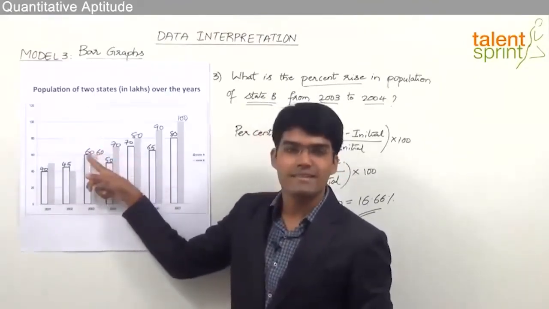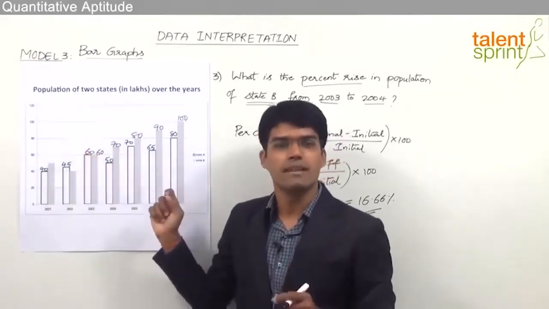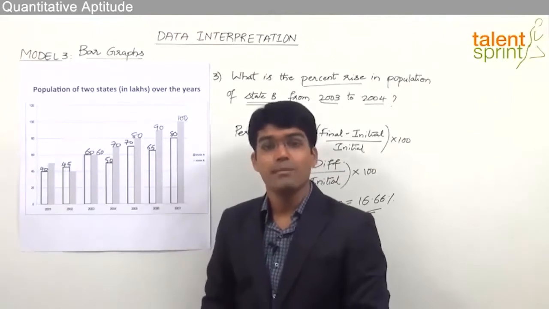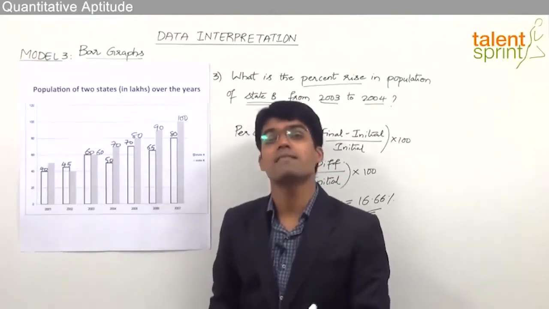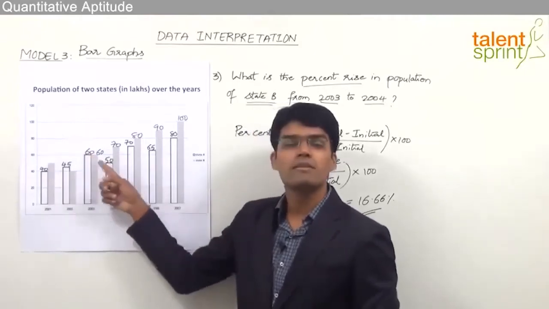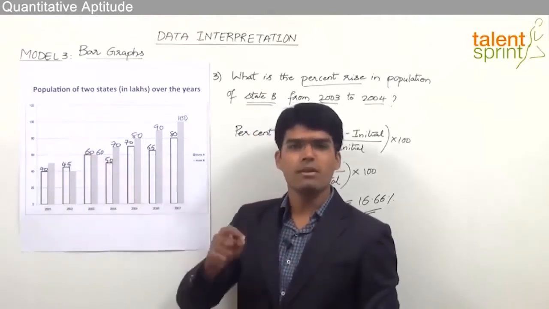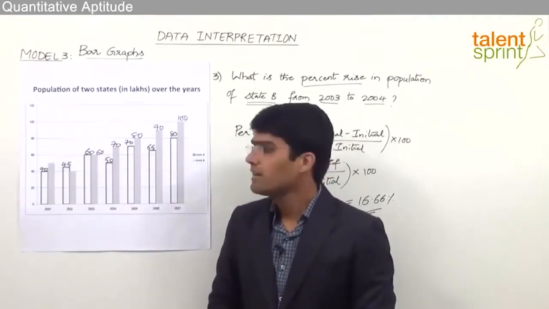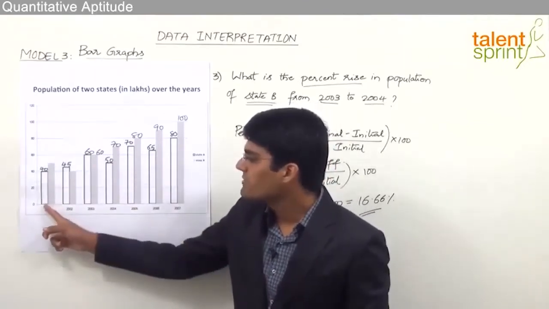Initial value is 60 lakhs. So 10 by 60 into 100. 10 by 60 here is again 1 by 6. 1 by 6 is 16.66%. But this time it is 16.66% decrease. Why? Because population of state A is decreasing from 2003 to 2004. So simply always take percentage change as difference by initial value into 100. Like in the first year, population of state A is 40.